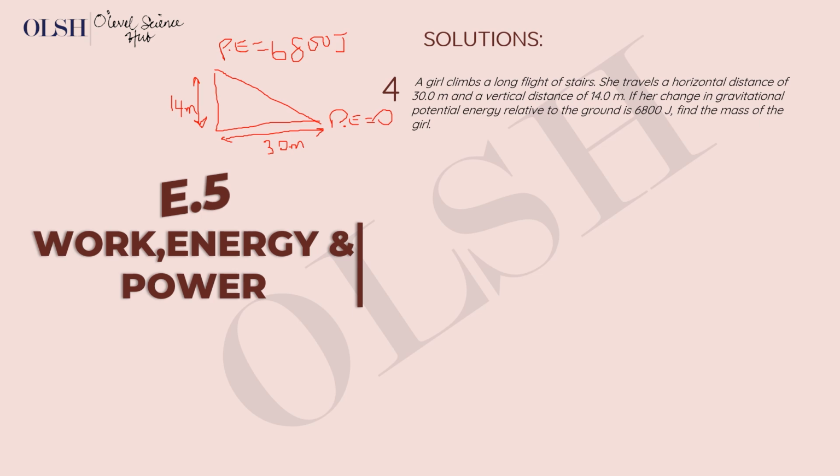This is simply a case of change in potential energy. So we can find her mass if we know the formula for potential energy, which is mgh. First of all, these are our parameters here: horizontal distance 30 meters, vertical distance 14, then potential energy 6,800 at this height.